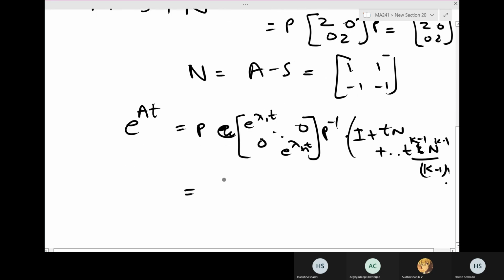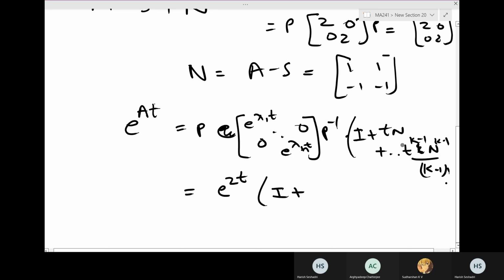Here we just get e to the 2t, e to the 2t. So P will commute. So I'm left with e to the 2t times identity, which I won't write, and then I plus.